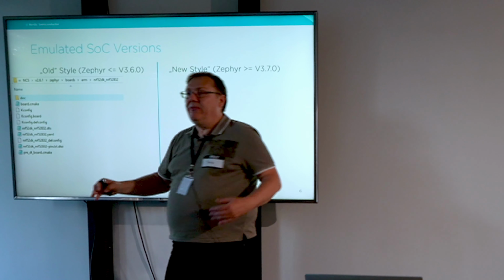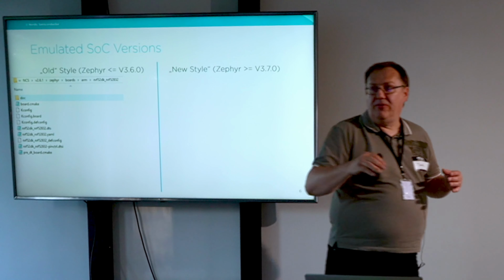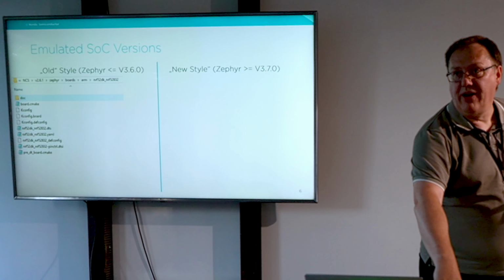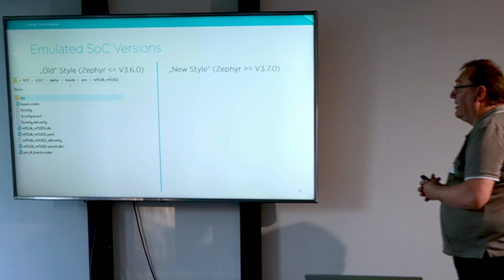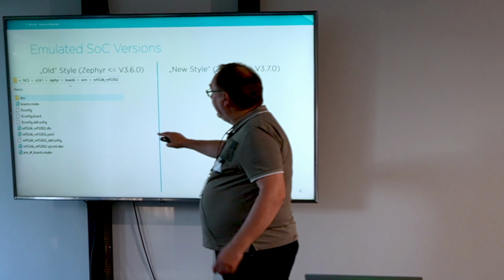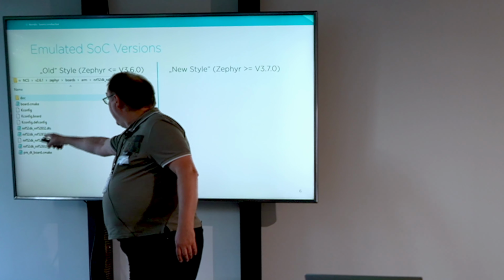So here we have the device tree file that defines the hardware on our dev kit, where the LEDs are connected, where the buttons are connected, where an SPI interface is connected, and there may be a sensor. And that's basically included here.